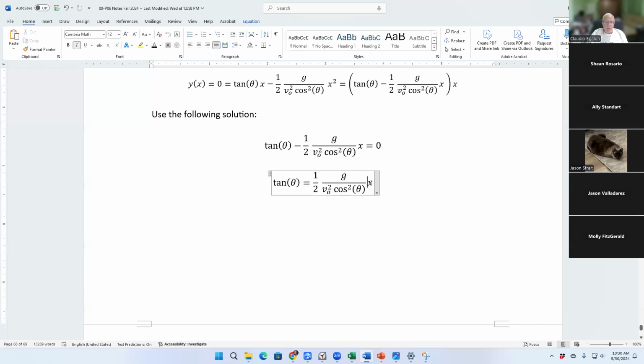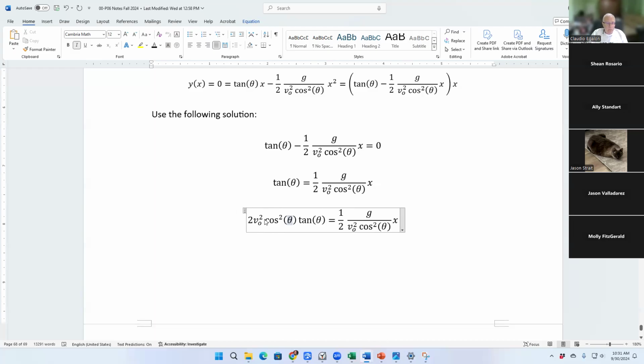Cosine, we solve for x. 2 tangent theta, 2 V naught square cosine square theta, right?